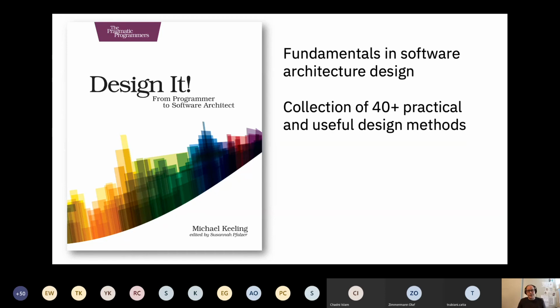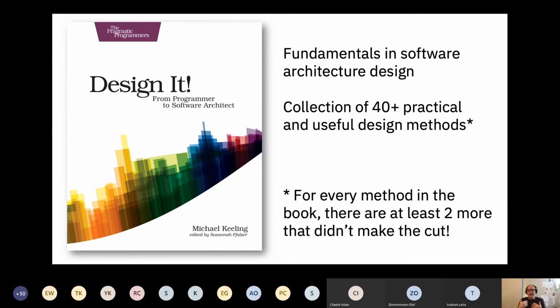Kind of an interesting side note, for every method that made it into the book, there were probably 2 or 3 more that weren't included. Just not enough space to include everything, and not everything was perhaps worth putting down on paper in that format. I guess some people collect coins. I collect software design methods over the past decade or so.